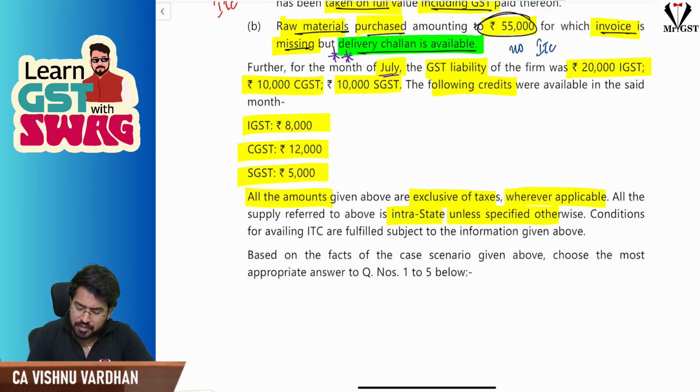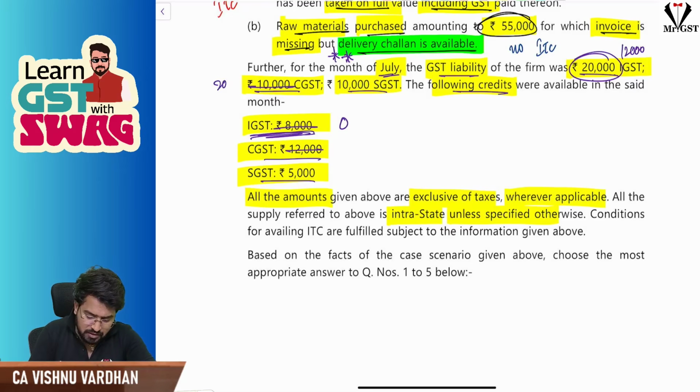Next, for the month of July, GST liability is 20,000: 10,000 CGST and 10,000 SGST. The following are the credits: IGST 8,000, CGST, SGST. And the question is what is the GST liability. If you see here, 20,000 is the liability, but ITC is 8,000. IGST ITC will become 0, and this will remain 12,000. Next, after making the IGST ITC balance, CGST credit will be used for CGST. So still 2,000 credit is there.